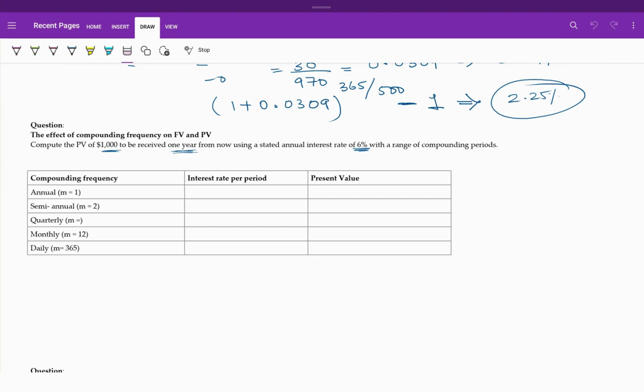So quarterly frequency should be 4, and monthly frequency is 12. Daily frequency is 365.